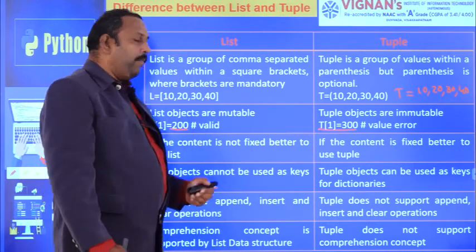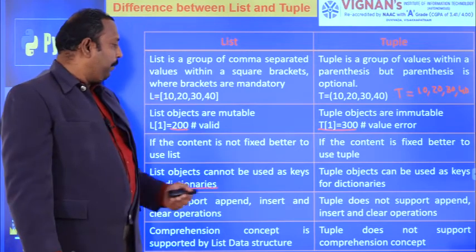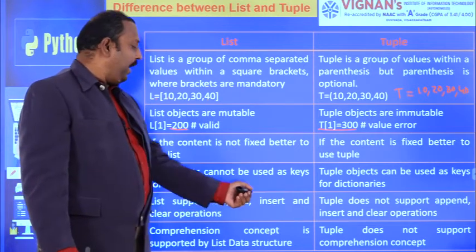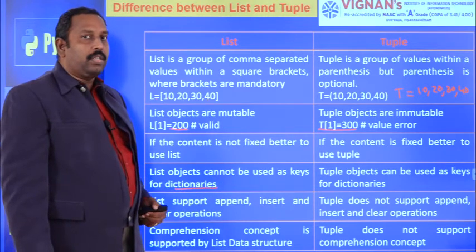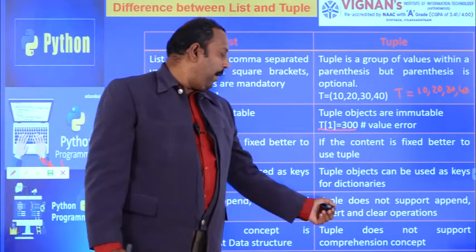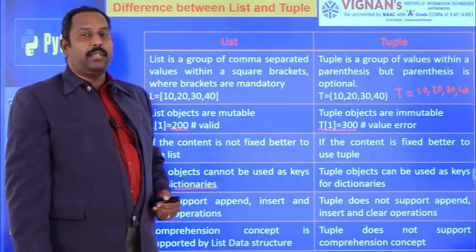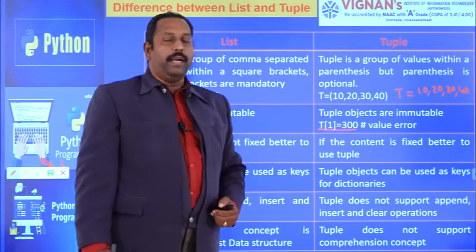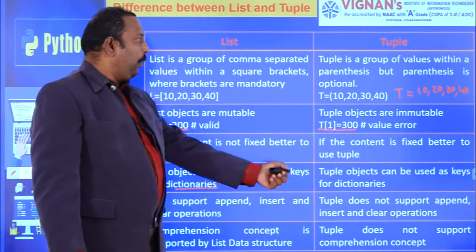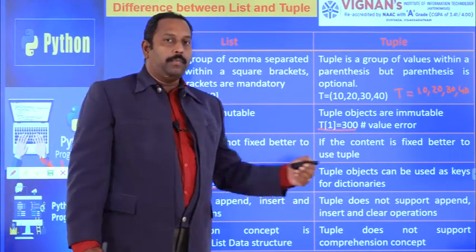Lists support built-in methods like append, insert, clear. All these operations are allowed in the list data structure, whereas append, insert and clear methods are not allowed in the tuple data structure because tuple objects are immutable.